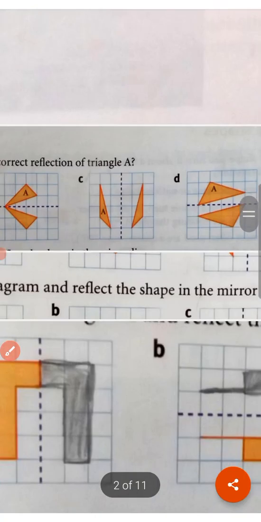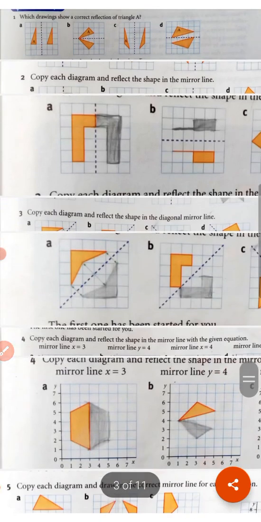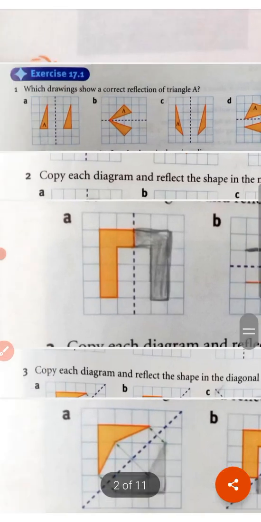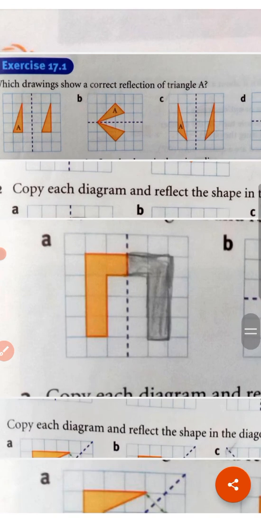Children, here in this figure, we have to find which drawings show a correct reflection of triangle A. As I told you, every point in a figure is equidistant from each corresponding point of the object.